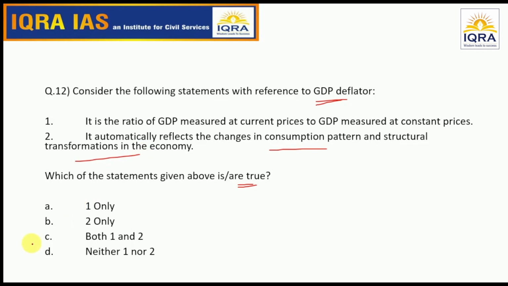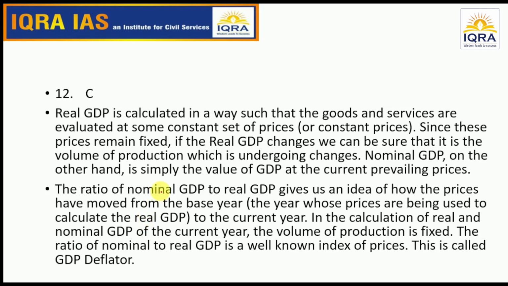Both of them are true, because whenever we are talking about GDP deflator, we are removing the effect of inflation. Real GDP is calculated in a way such that the goods and services are evaluated at some constant set of prices, what we call the constant prices. Since these prices remain fixed, when the real GDP changes, we can show that it is the volume of production which is undergoing changes.